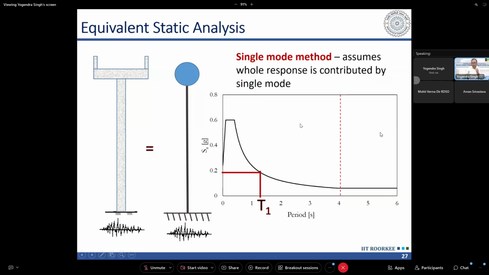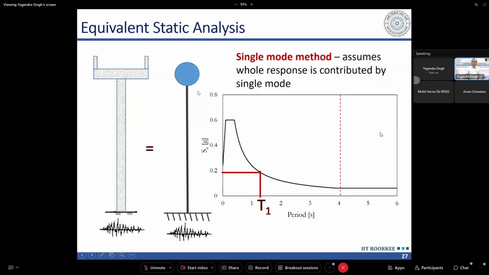So the most simple analysis is one in which we consider only a single mode of vibration. I told you that the contribution of the single mode is maximum, and it goes on reducing for the higher modes. So suppose my single mode itself is contributing more than 75% mass. In that case, it may be accurate to consider the first mode alone.